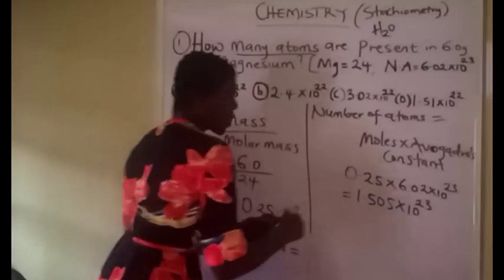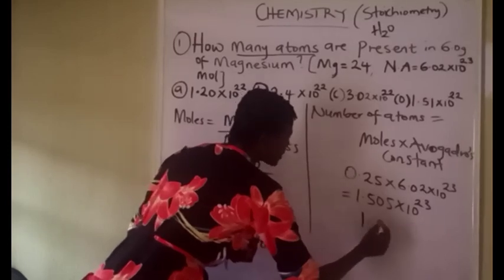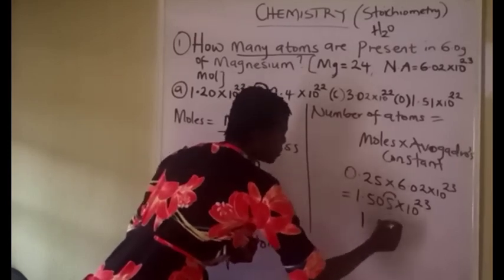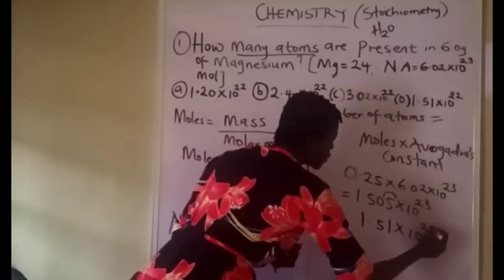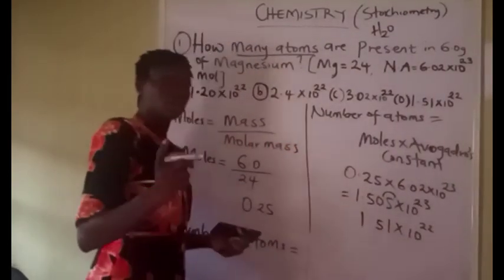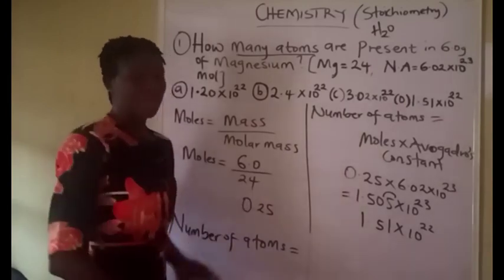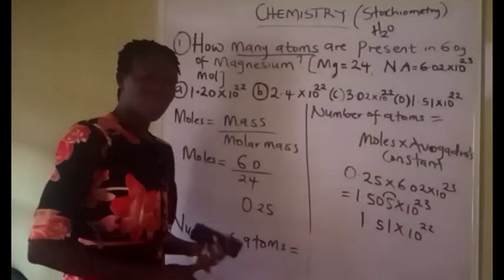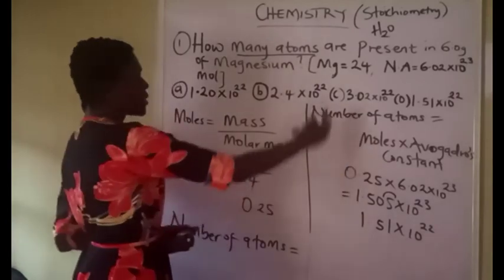We can round it off to 1.51 times 10 raised to the power 22. Take note, as you're rounding off, the power is reduced. That will take us to another area in mathematics, rounding off numbers to the nearest significant figure or nearest whole number. So this is the correct answer to the question.